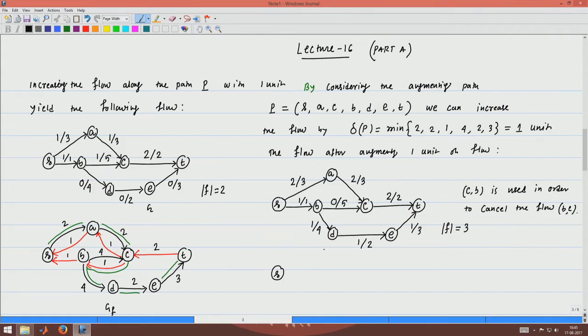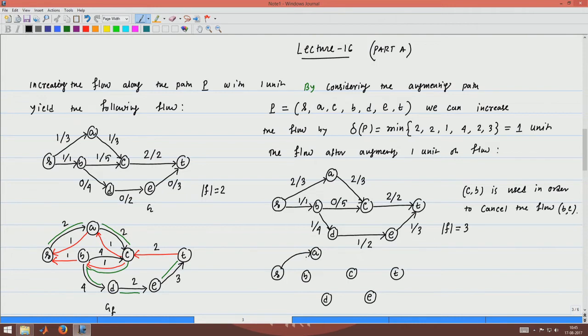S, A, B, C, T, D, E. So, here I think by now you understood how to compute the residual network.